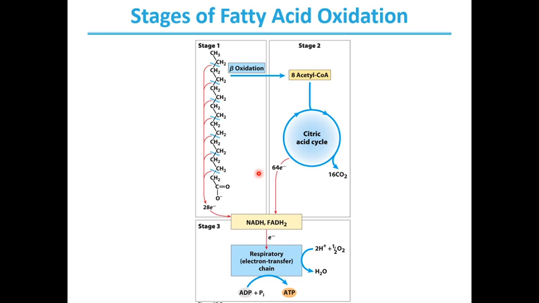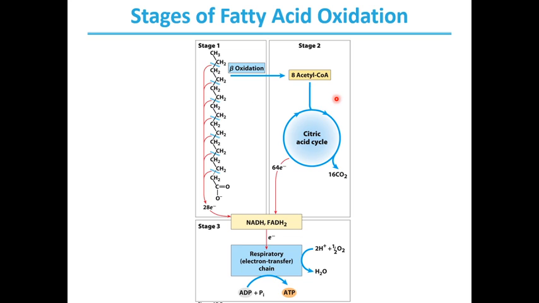Now, the formation of each acetyl-CoA requires removal of 4 hydrogen atoms from the fatty acyl moiety by enzymes called dehydrogenases. When they convert this molecule into individual acetyl-CoA molecules, they make NADH or FADH2.